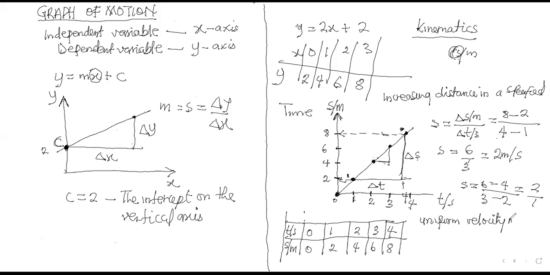Uniform velocity motion. In a uniform velocity motion, the rate of change of displacement with respect to time is equal to a constant.